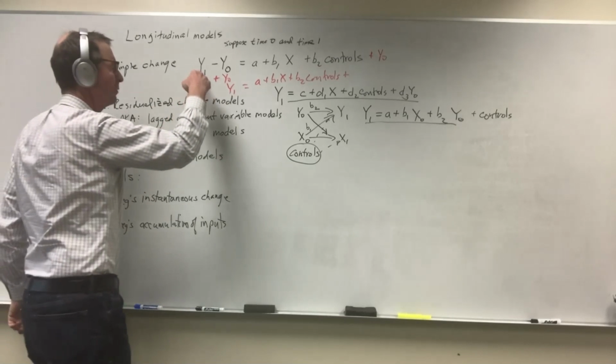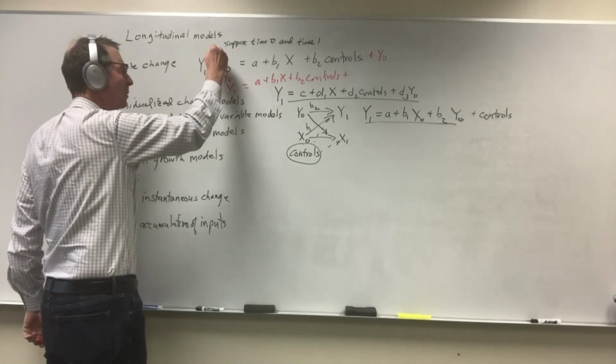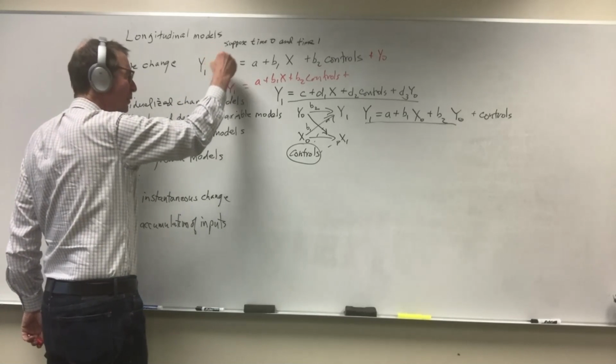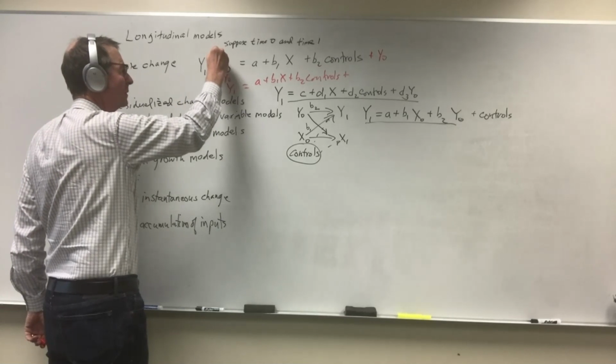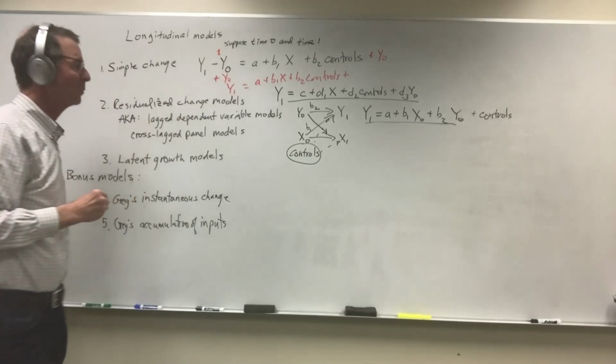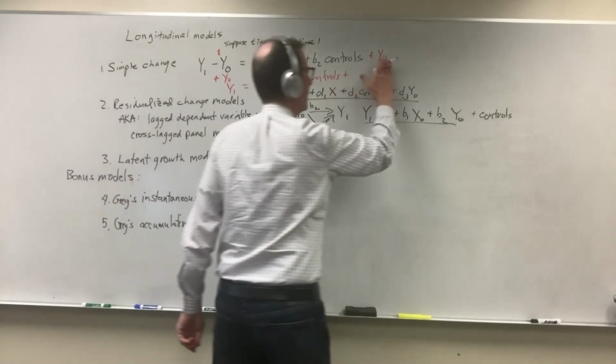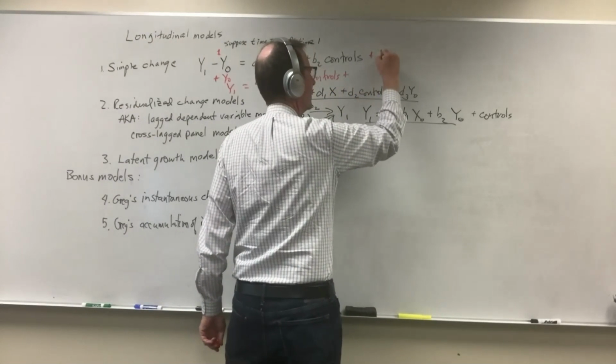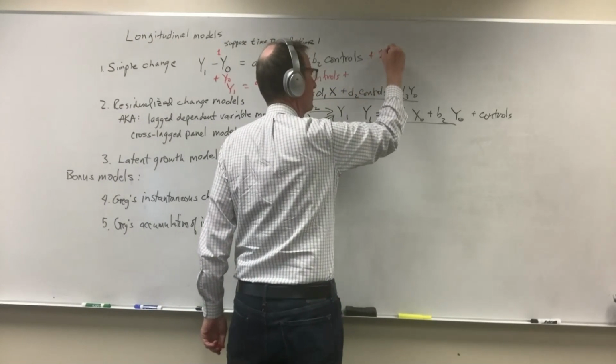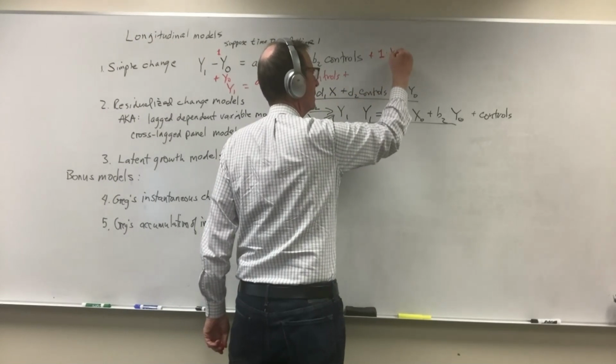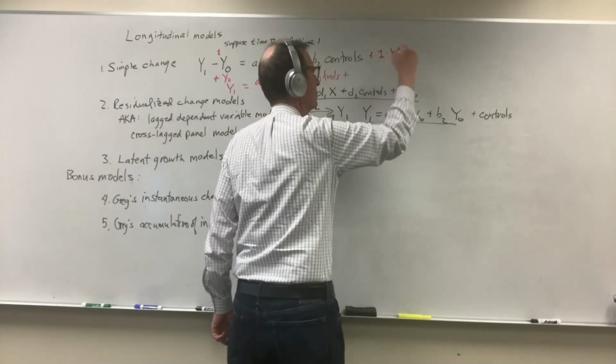Here, if it's y1 minus y0, the implicit coefficient on this term is 1. We're not allowing it to be anything other than 1. So it's really constraining this coefficient to be 1 times y0.